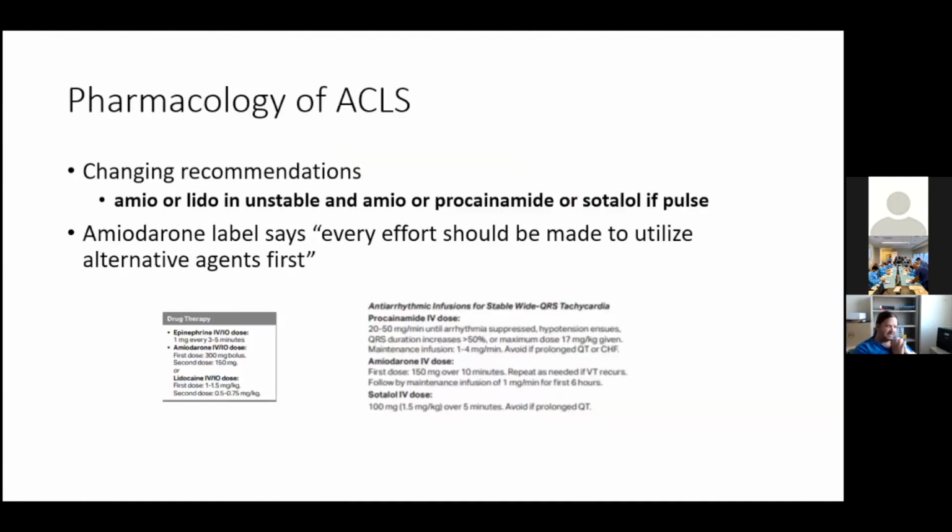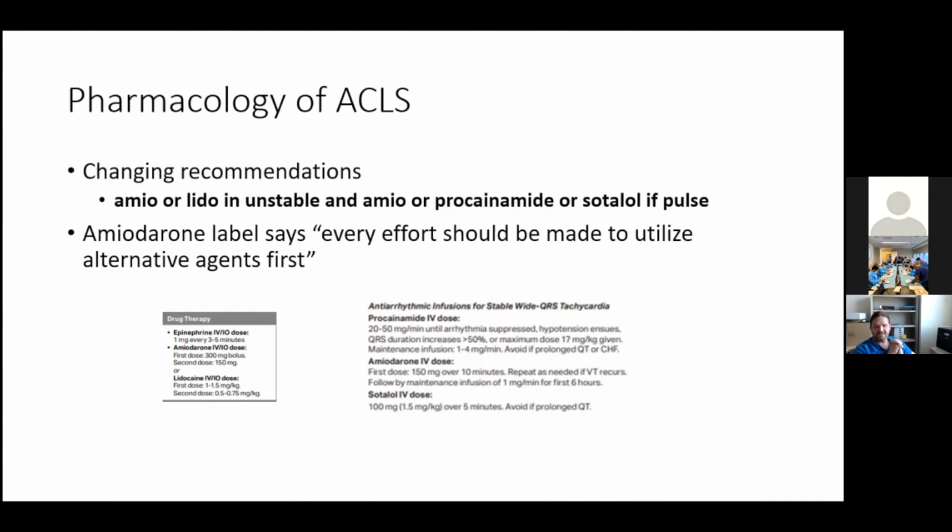There are changing recommendations. Previous to the 2020 update, it was usually amiodarone alone, but they've added lidocaine for unstable arrest, and now stable arrest says amio or procainamide or sotalol. Part of this is because the labeling of amiodarone says every effort should be made to utilize an alternative agent first. Obviously, the drug's not labeled for arrest. It's labeled for ventricular arrhythmia.